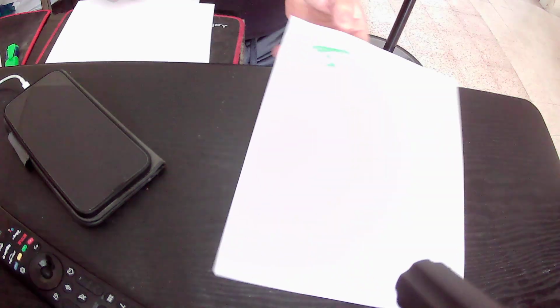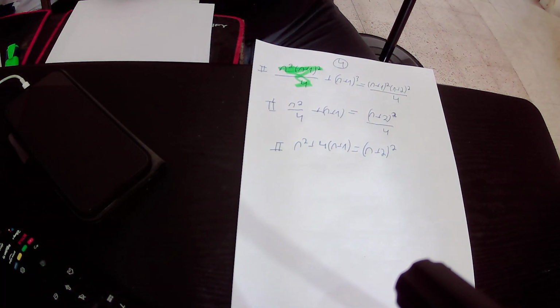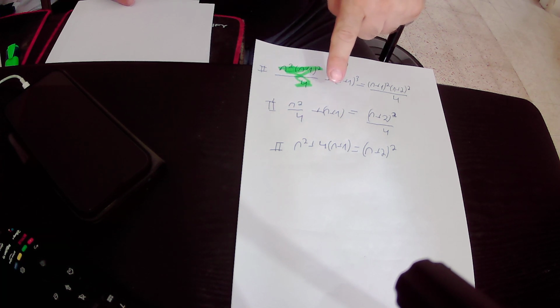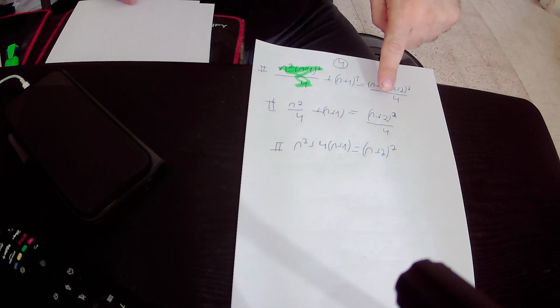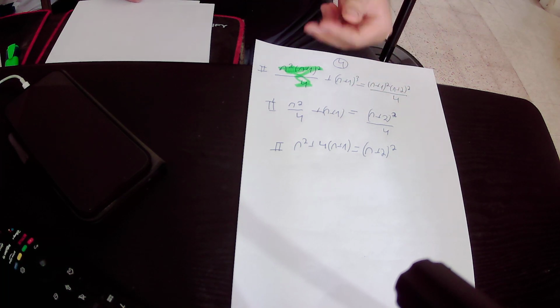So after we multiplied both sides of the equation by 4, we got n squared divided by 4 times 4 is n squared, and n plus 1 multiplied by 4 is 4 times n plus 1, and n plus 2 squared divided by 4 multiplied by 4 is n plus 2 squared. Now we can open the brackets.